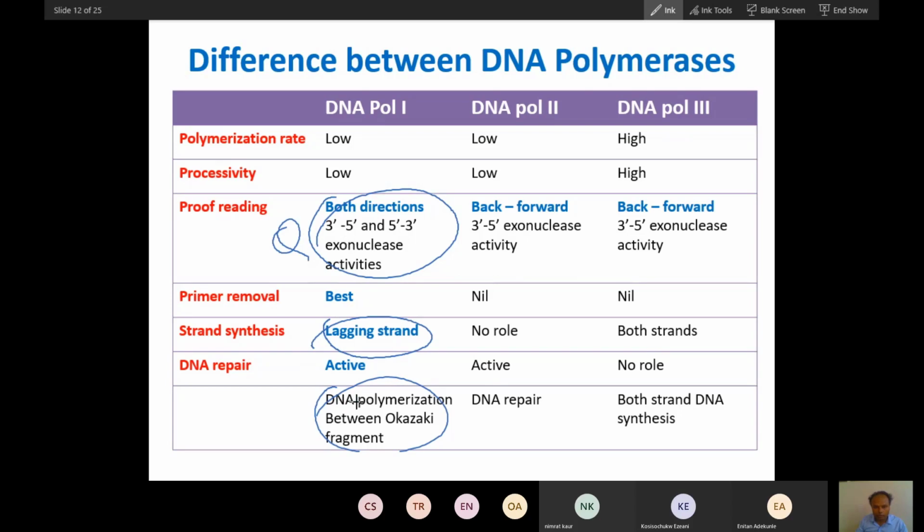I'm marking this, and I will ask questions from this. Which of the following has the highest polymerization speed or processivity? It is always polymerase 3, not polymerase 1 and 2. Polymerase 2 is only for DNA repair, not for DNA polymerization.